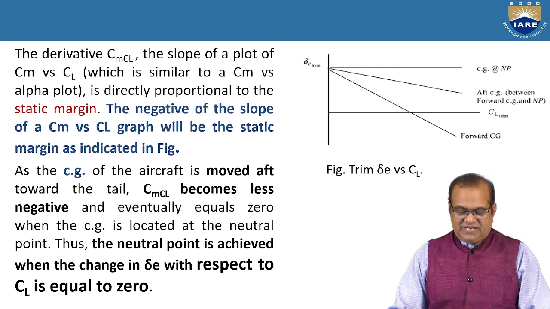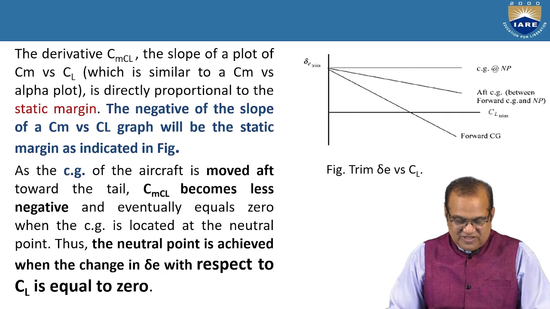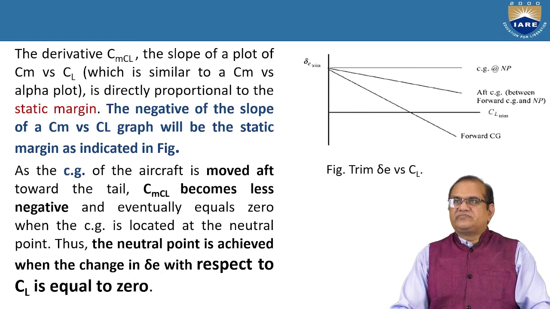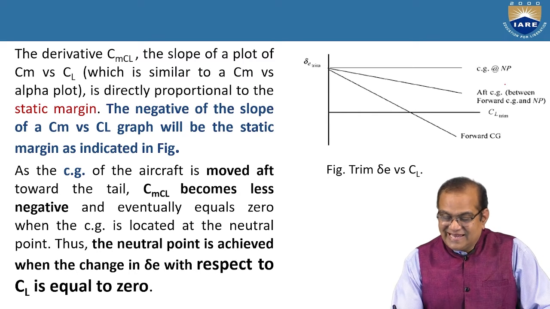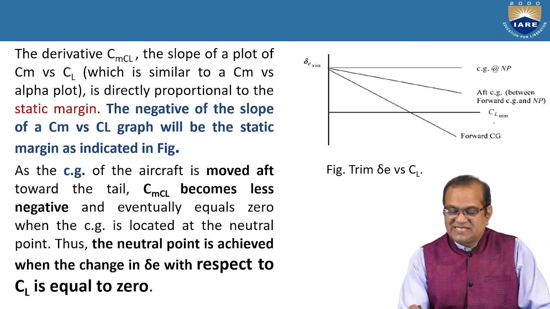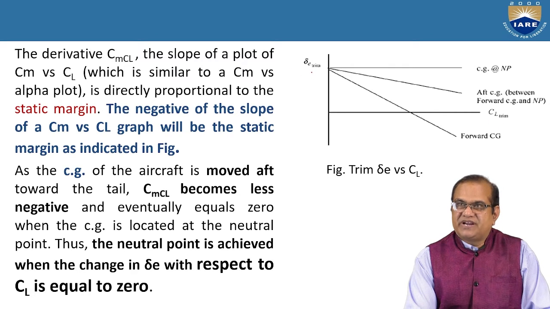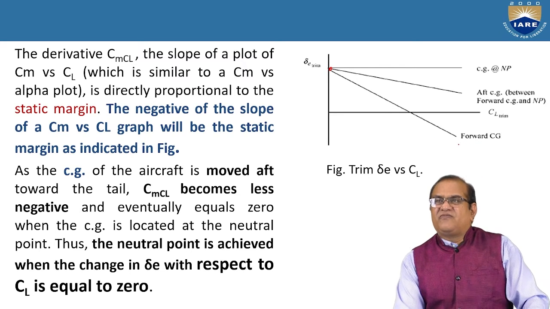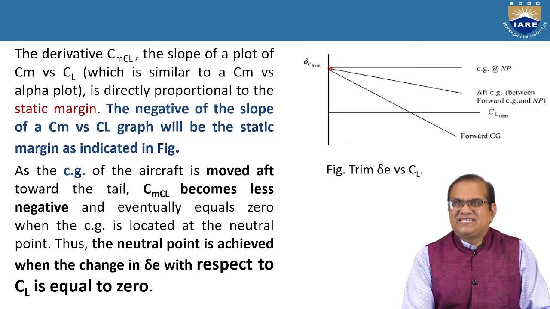Thus, the neutral point is achieved when the change in delta E with respect to CL is equal to 0. Here you can see that if we plot CL versus delta E trim, starting from here, if the CG is forward, I am drawing here.